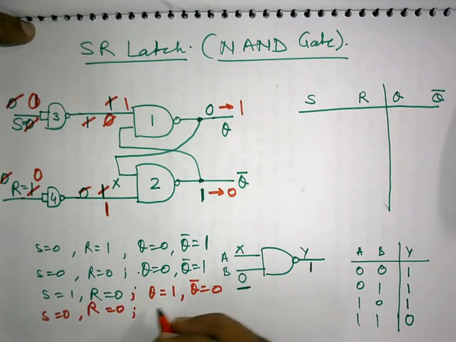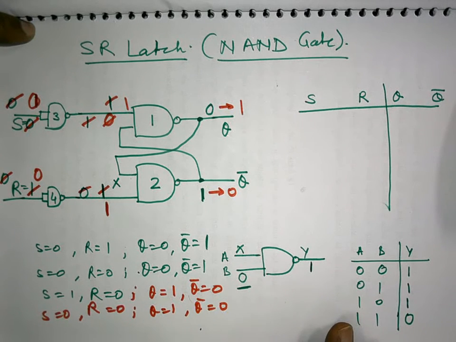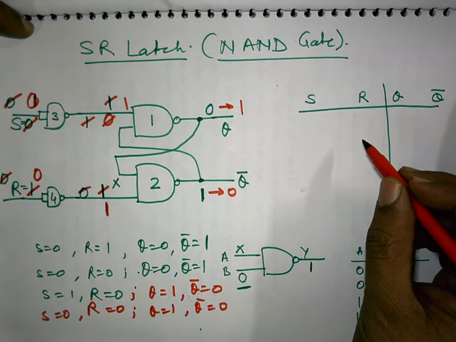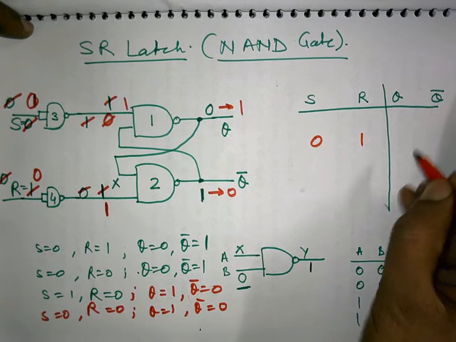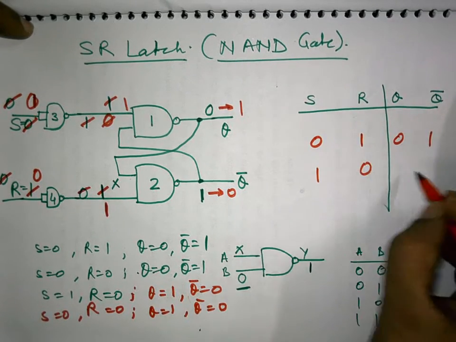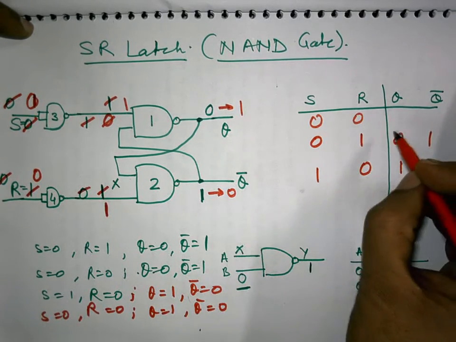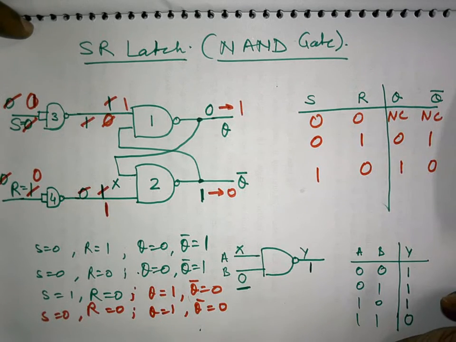This means Q is equal to 1 and Q bar is equal to 0. So we can now write down the conditions for 3 input situations. If S is 0, R is 1, this is 0, this is 1. If S is 1, R is 0, this is 1, this is 0. And if this is 0, 0, there is no change in the output.